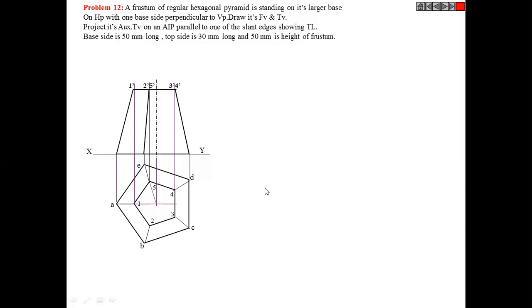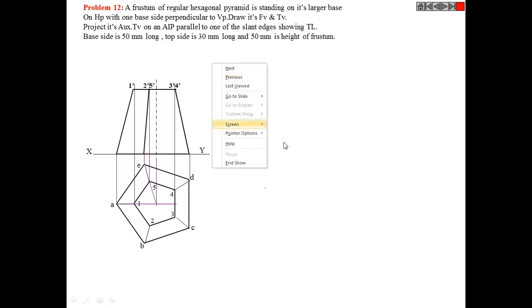The first portion is done. Now what is it called? Project its auxiliary top view on the AIP parallel to one of the slant edges showing true length. So which slant edge is showing true length in this problem? Think carefully and answer me. Everyone pay attention here.